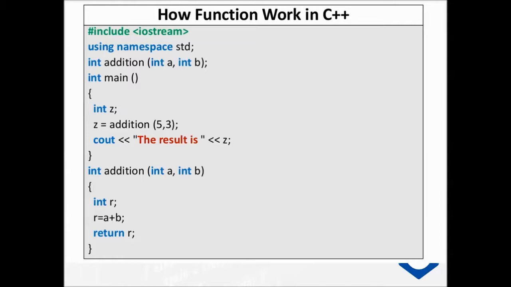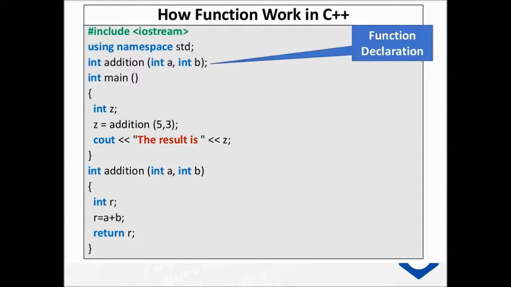In the body of the function we declare another variable r, and then we write r is equal to a plus b, and then we return this value stored in r back to the main program, where we write z is equal to addition 5 plus 3. So this is our function declaration, int addition, int a, int b.